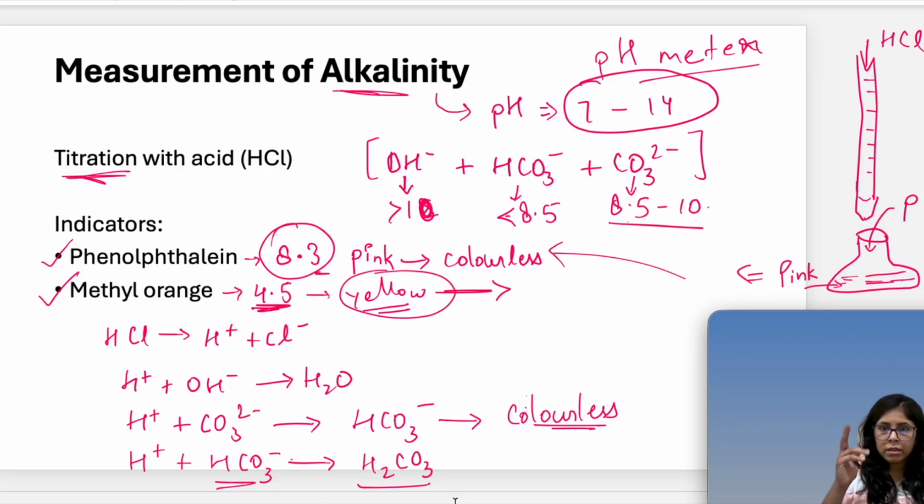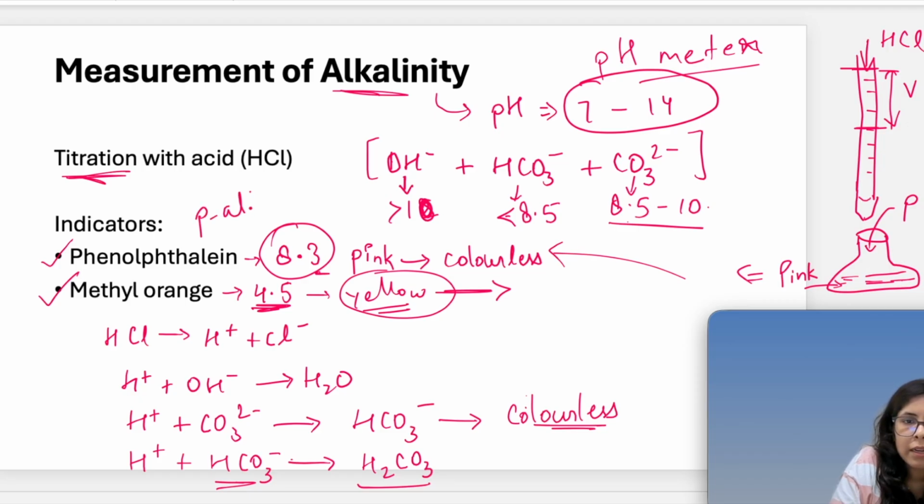The thing that we will keep in mind is the time when the color changes from pink to colorless, that time we'll be noting the volume of HCl used, right? And we'll be calling this phenolphthalein alkalinity or P-alkalinity.